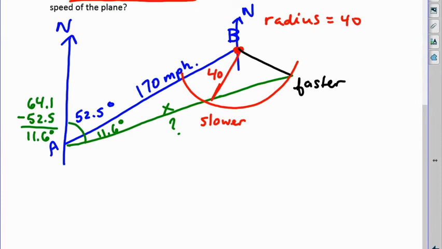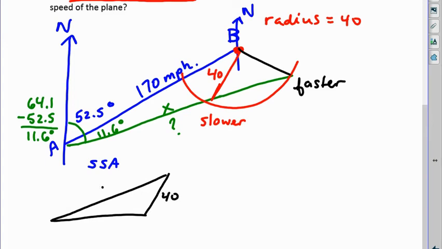So we have two different triangles, and we're going to try to solve these triangles, and it looks like I have a side angle situation for my triangles. Let's see what we can find. Let's draw our two triangles. 40, 170.